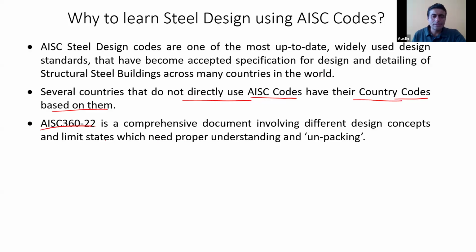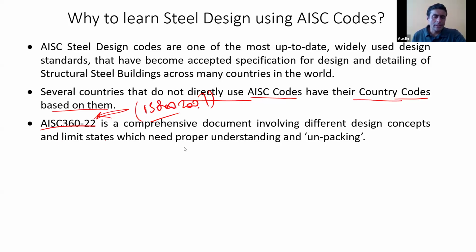So this AISC 360, which is the basic specification for structural steel buildings, is the parent code, just like IS 800:2007. This is a comprehensive document with quite a detailed commentary, which Indian standards have not been able to manage till now.